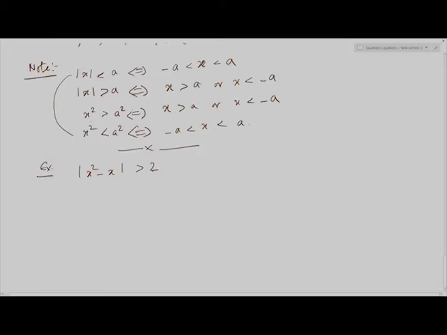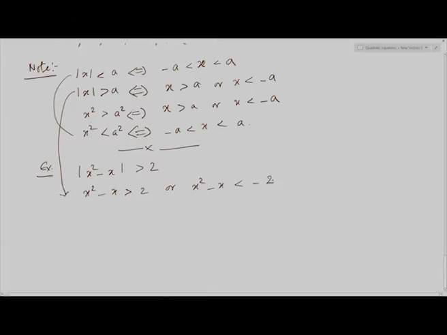For what values of x do we have this? Already I told you, to break the modulus by this property, I am just writing: either x square minus x is greater than 2 or x square minus x is less than minus 2.